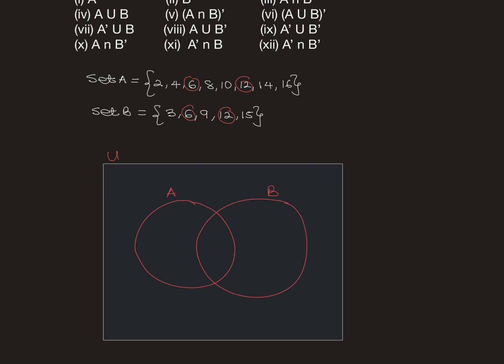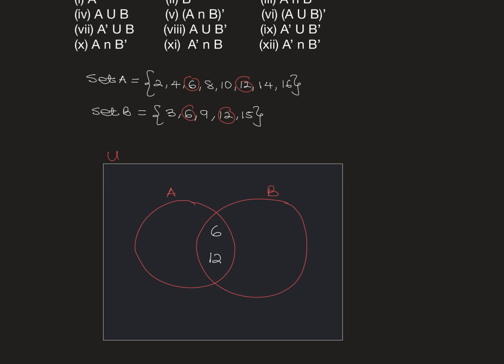And for set B, we have 3, 6, 9, 12, and 15. So the common members are 6 and 12. That is what we need to write here. This circle is for set A, and this circle is for set B. So after writing the intersection, you have to write the remaining.